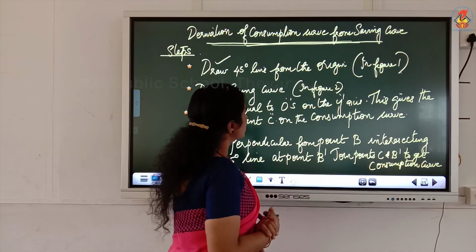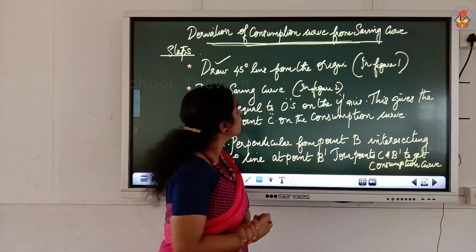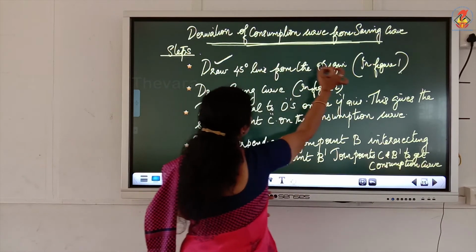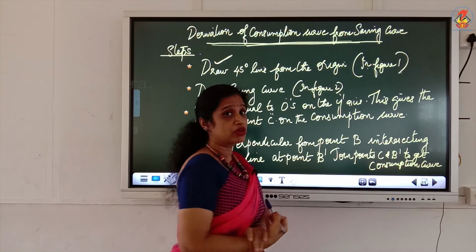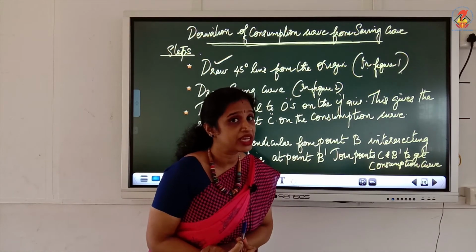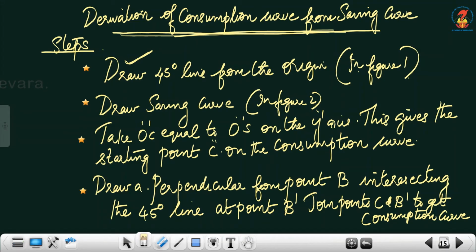Okay, so for that what is asked to do first? Draw a 45-degree line from the origin. What do you mean by that? To draw the AS curve, aggregate supply. We have learned the aggregate supply curve is a 45-degree line. So we are asked to draw aggregate supply.